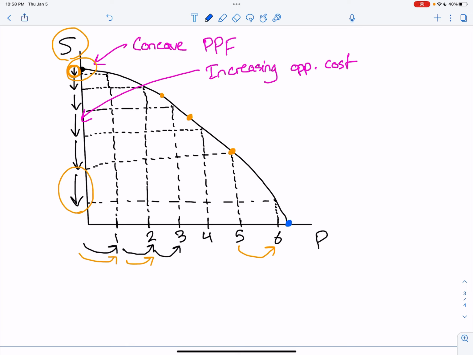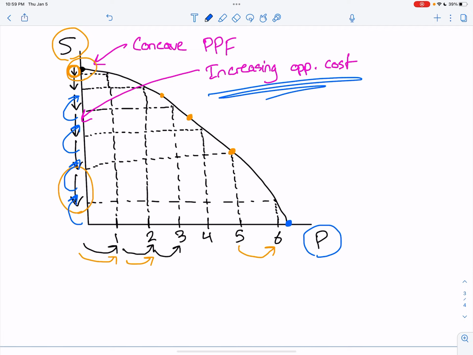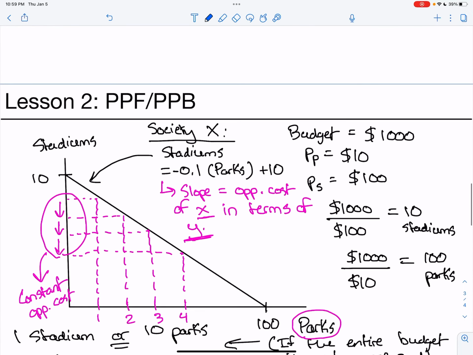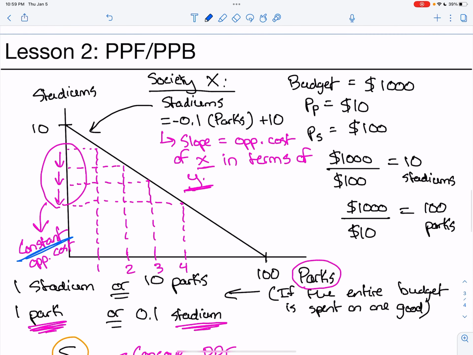As the society decides to move up the y-axis in equal chunks, you will see that the opportunity cost in terms of parks is also increasing. All right. So the big difference between the concave PPF and the linear PPF is that the concave PPF has increasing opportunity costs, whereas the linear PPF has constant opportunity costs.